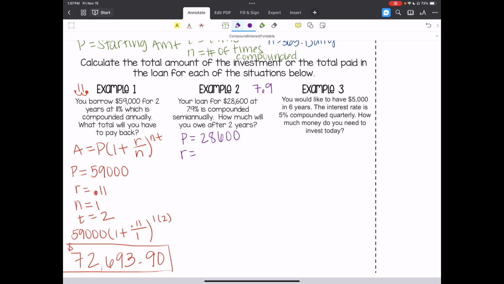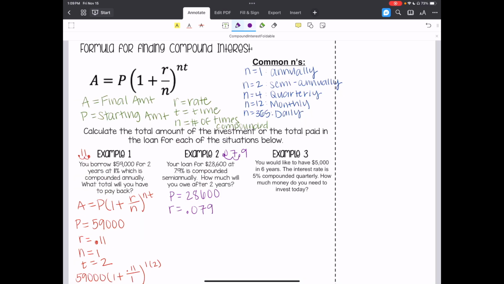So we move our decimal left 2. So it becomes 0.079. It says it's compounded semi-annually. So that means 2 times a year. So n is 2. And it is after 2 years. So time is also 2.